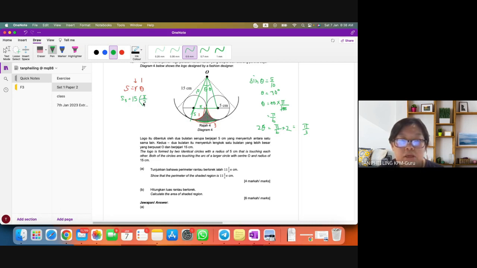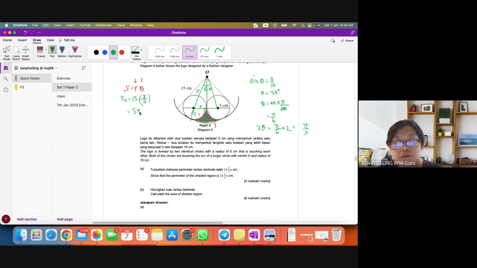So happily we found the first one, the S3, which is 15 times pi over 3, so we're going to have 5 pi. Okay, so that is the big circle, the outline. Is that okay? Yeah.